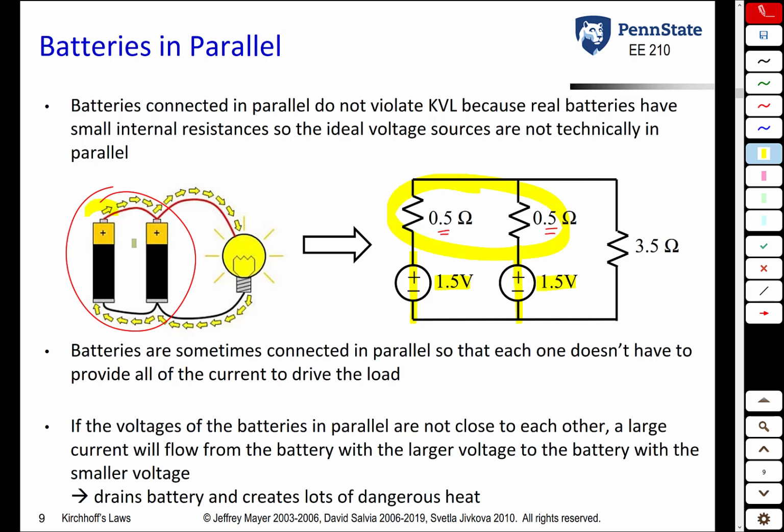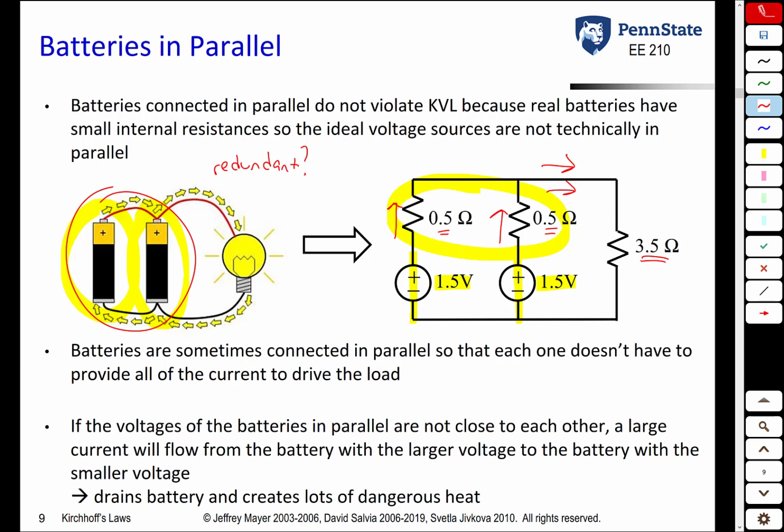If this battery gives you 1.5 volts and this battery gives you 1.5 volts, isn't this redundant? The reason that you sometimes would connect batteries in parallel is that they share the burden of providing current to the load. And we will see this later on this semester. So this battery would provide some current, and this battery would provide some current, and both of those currents now would drive this light bulb here.